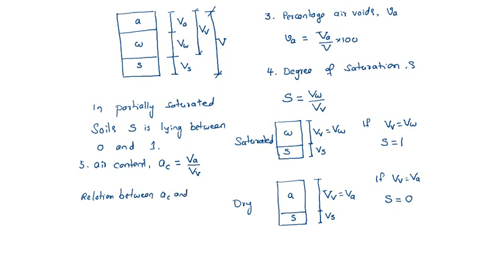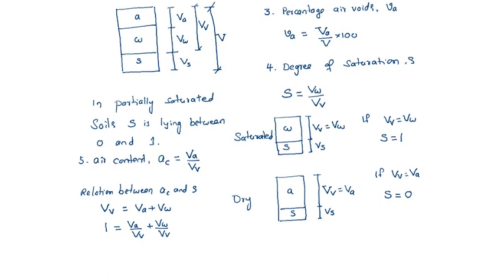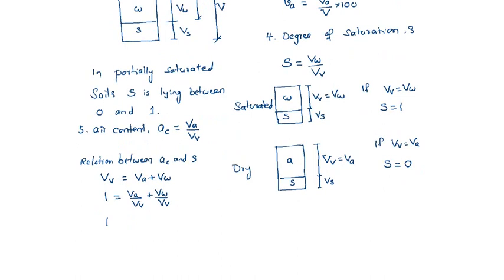We know volume of voids equals volume of air plus volume of water. Dividing by Vv, 1 equals volume of air by volume of voids plus volume of water by volume of voids. Therefore, 1 equals air content (volume of air by volume of voids) plus degree of saturation (volume of water by volume of voids). So S plus AC is always 1.